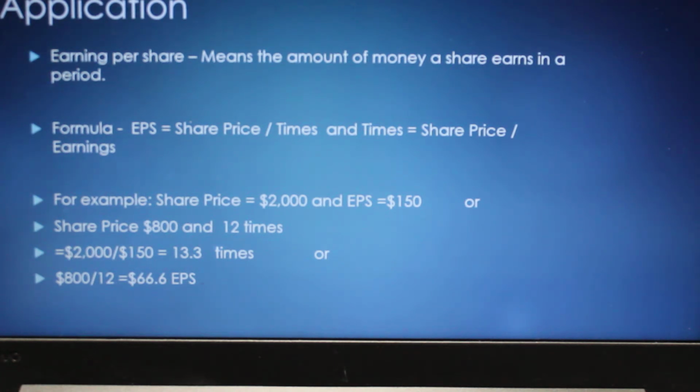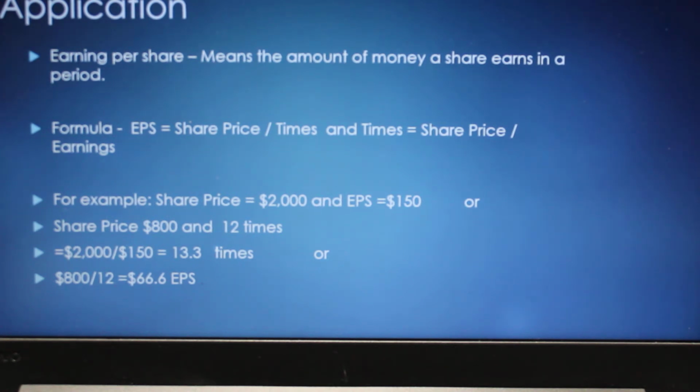So this share is earning a small percent in terms of its actual cost. It will cost the shareholder $2,000, but it earns $150, and it will take 13 years to recover that $2,000 spent on the share initially.